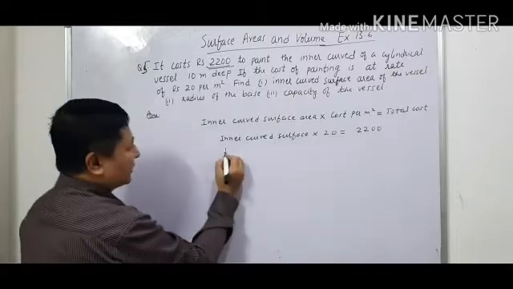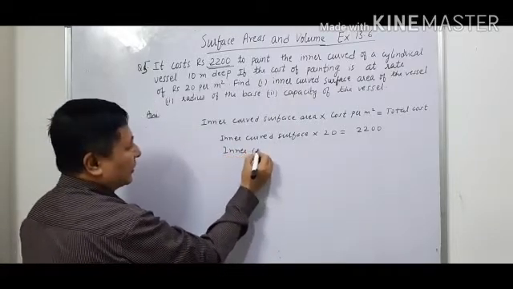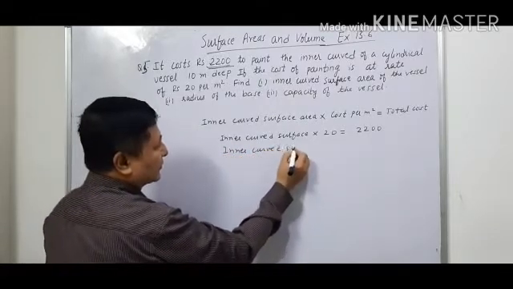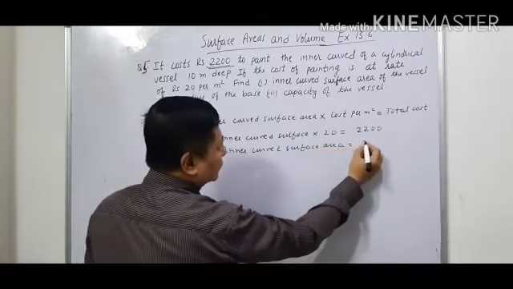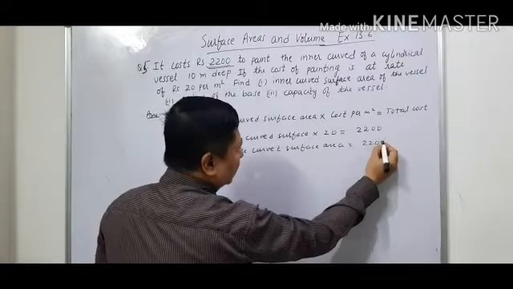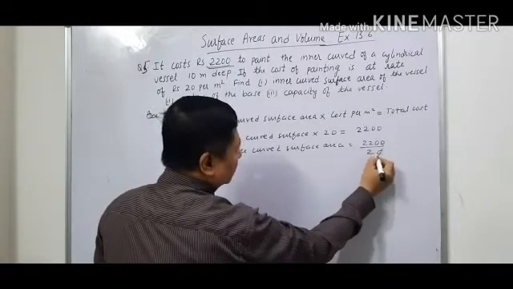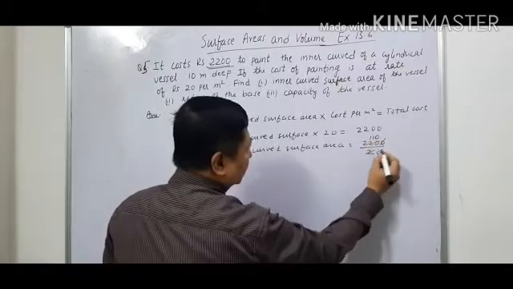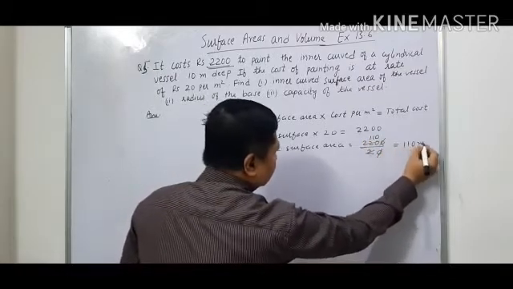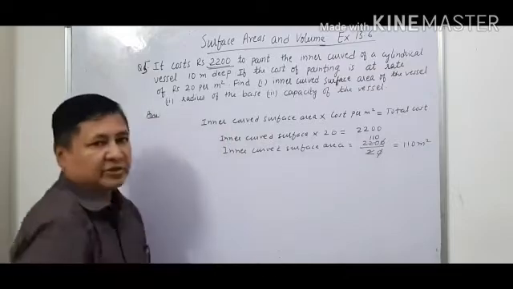So we can find the inner curved surface area, that will be equal to 2200 upon 20. We cancel, and this becomes 110. So 110 meter square is the inner curved surface area.